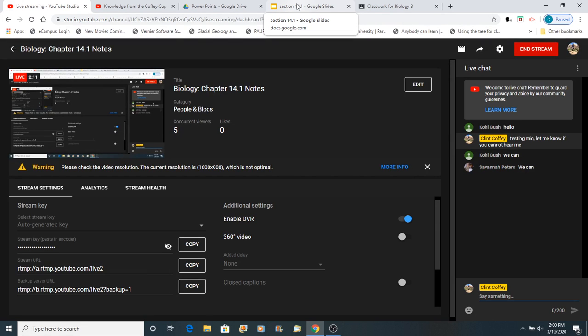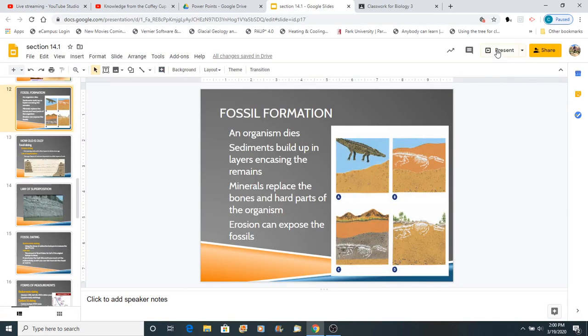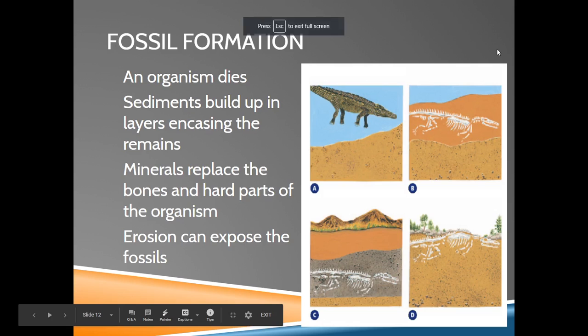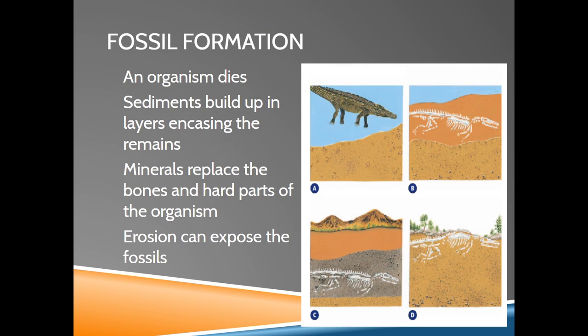Okay, we're going to go ahead and get started here. Last time we left off talking about fossil formation and what it takes to become a fossil. But like I said, most fossil remains, we're very lucky to have them because most organisms never become fossils. You have to have the right conditions in order to obtain that.